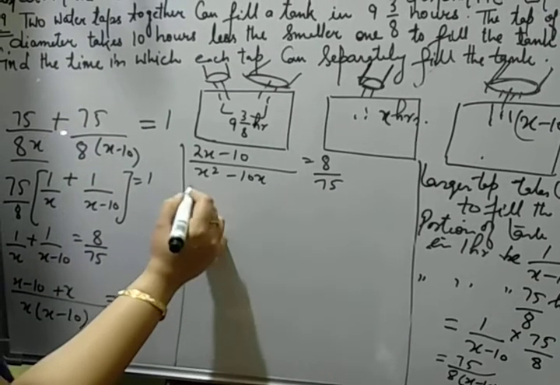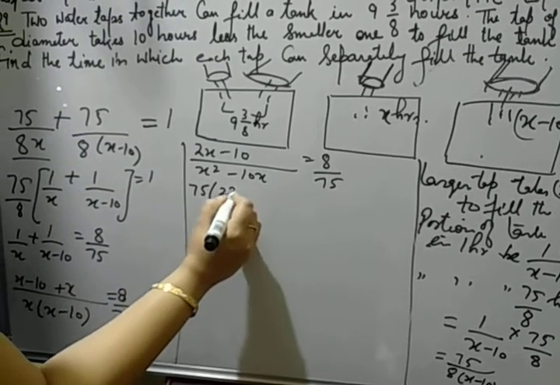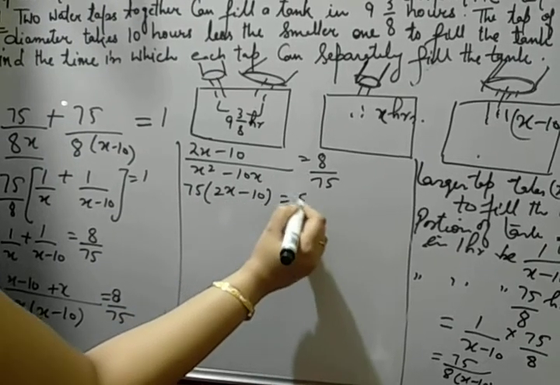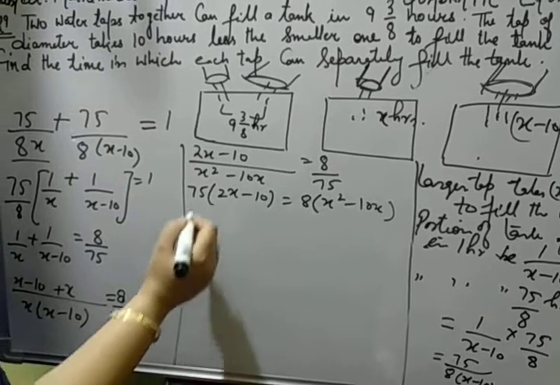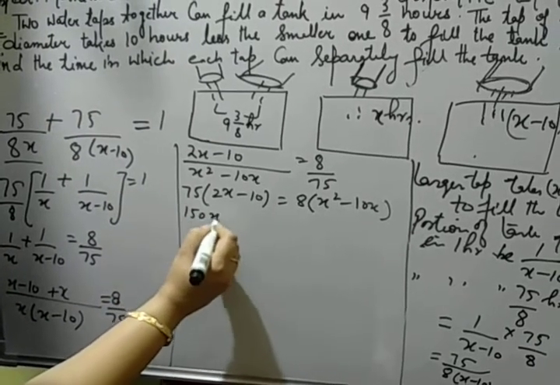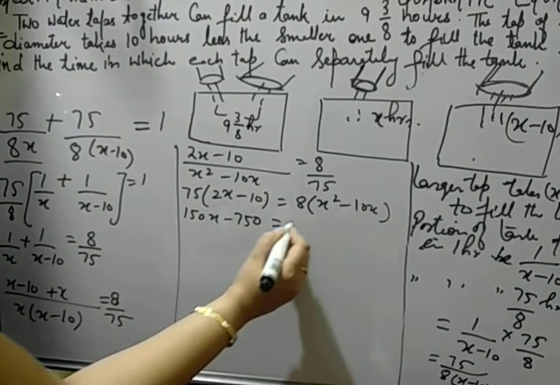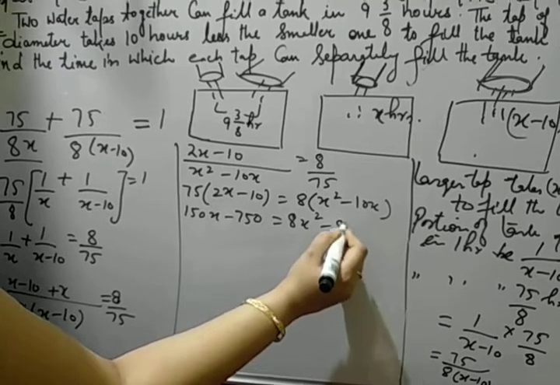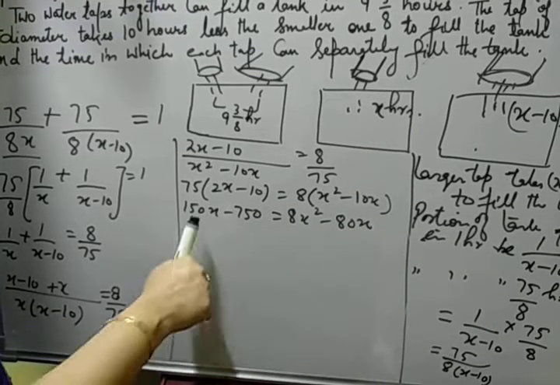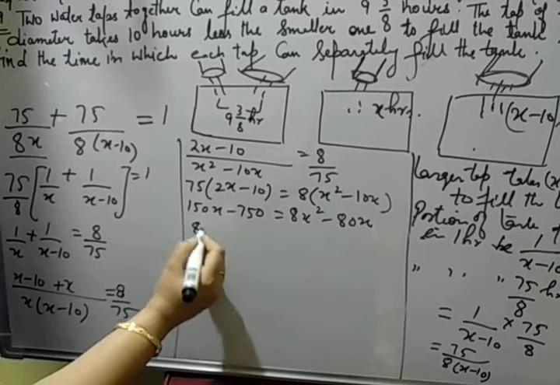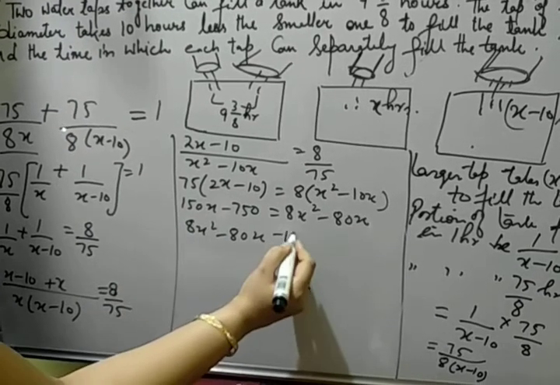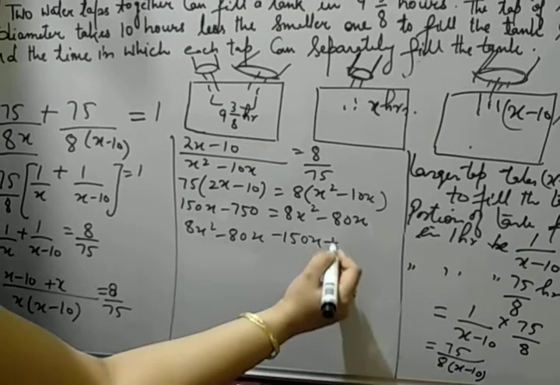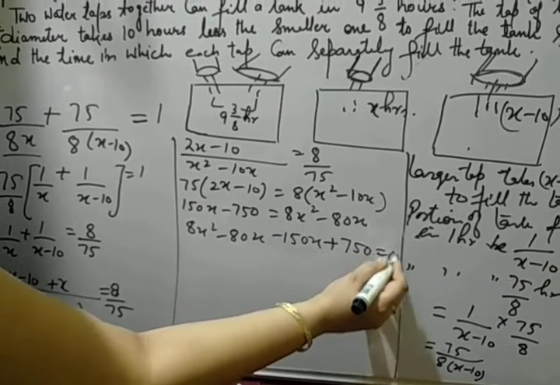Cross multiply: 75 into 2x minus 10 is equal to 8 into x square minus 10x. 150x minus 750 equals 8x square minus 80x. We have to shift all these terms here: 8x square minus 80x as it is, minus 150x plus 750 is equal to 0.